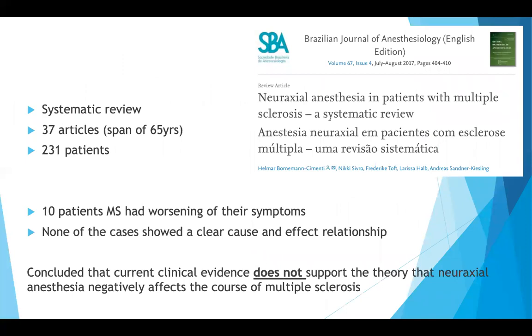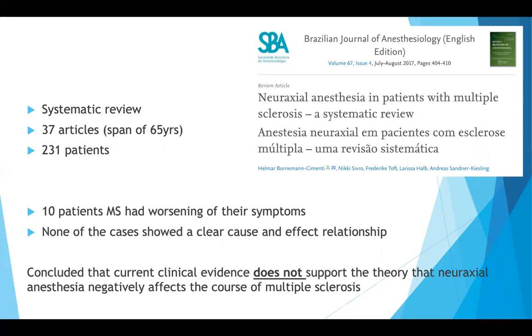A recent study published in the Brazilian Journal of Anesthesiology by Borman et al. looked at neuraxial anesthesia in patients with multiple sclerosis.